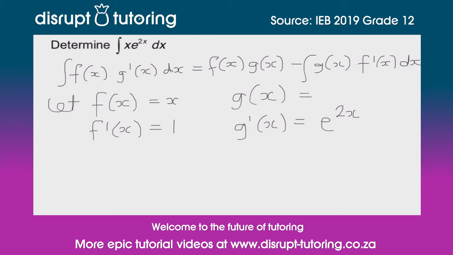So when we are working out g dashed x as e to the 2x, then its integral will be e to the 2x as well, but then we have to divide by the derivative of 2x. So this is probably the trickiest part here, is to get that half over there.